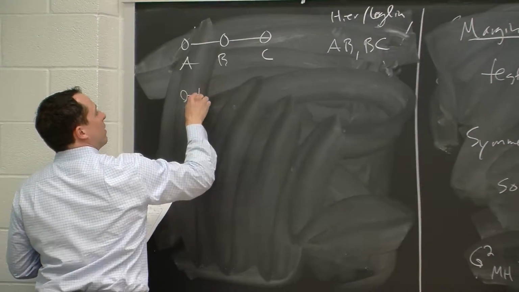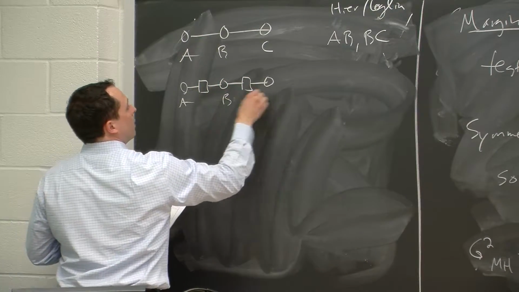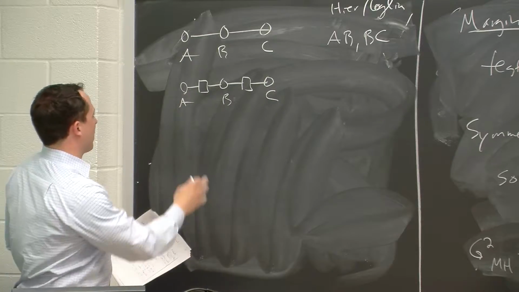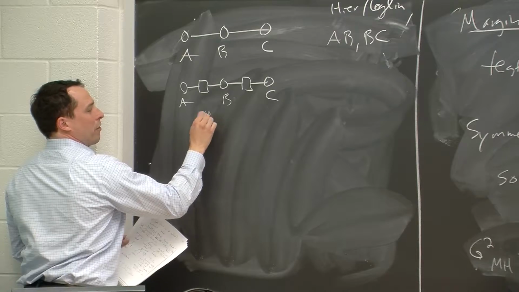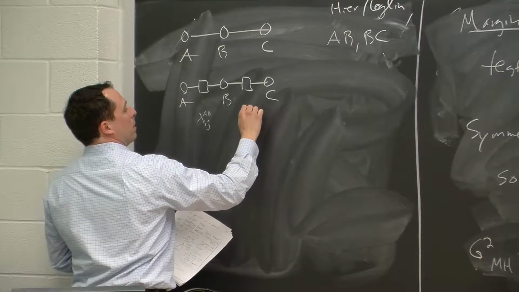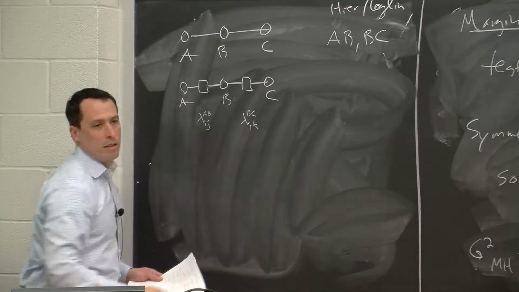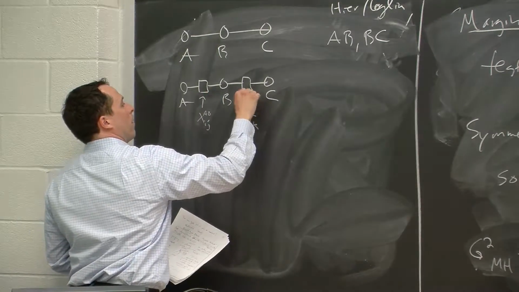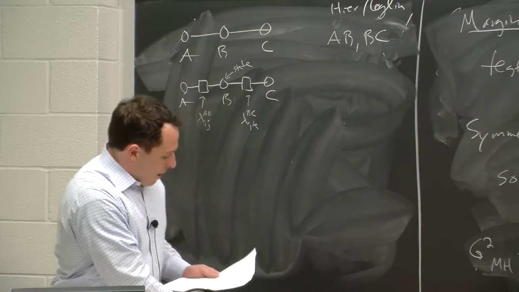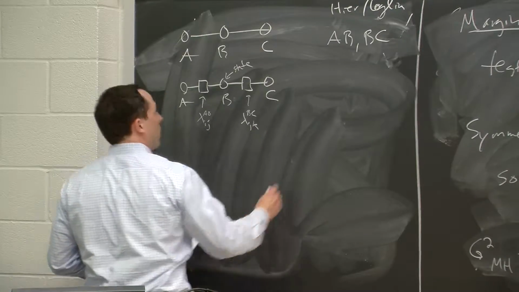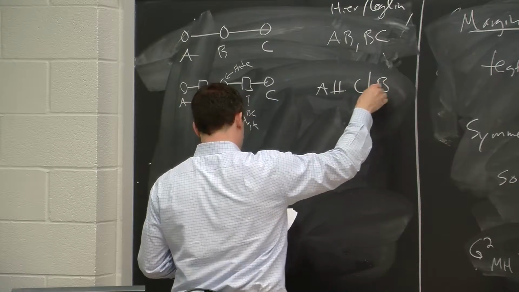And if we explicitly write in the factors as boxes, it looks like that: A, B, C. So these represent the parameters, like a lambda AB, which has an index for each value of A and B. And this one is the lambda BC with an index for every value of B and C. And these things represent the state. And there's a conditional independence relation, which is A is independent of C given B.